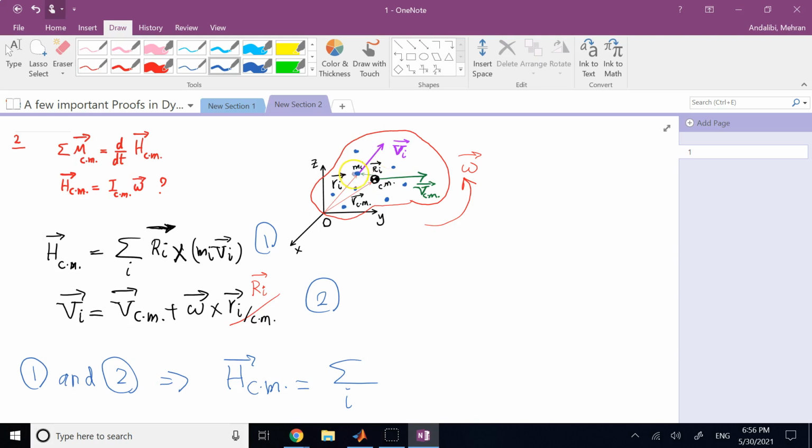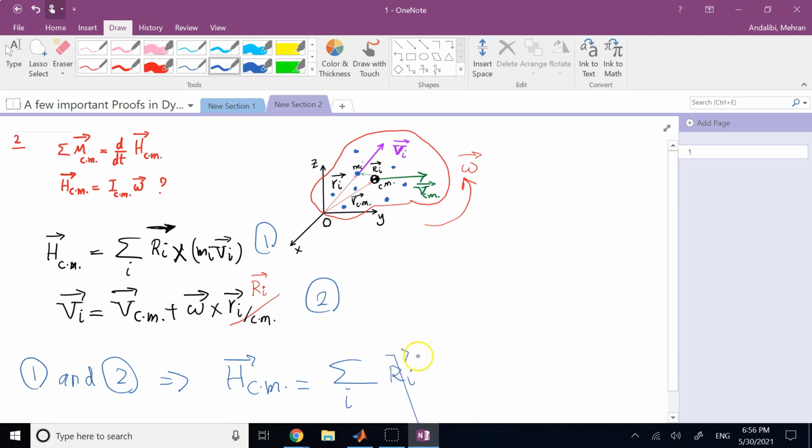If this mass is an infinitesimal mass, then the summation will be converted to what? An integration. So here I write it as summation, but really for a rigid body, I will change this mass Mi to an infinitesimal mass dm, and then the number of them will be infinite, so my summations will be converted into what? Into an integral. So here I just write it, but as I said, we have to do some modifications.